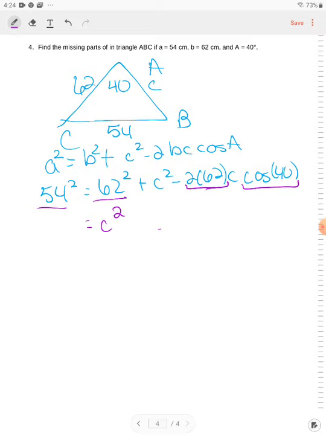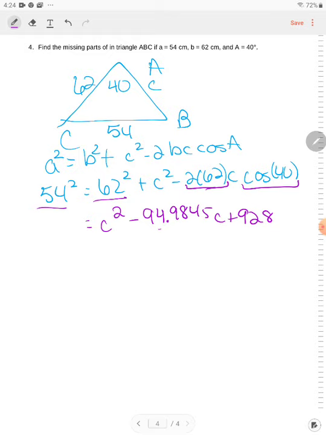So, let's see. 2 times 62 times cosine of 40 is, I get 94.9845. So C squared minus 94.9845 C. And then we'll see, is it plus or minus 62 squared minus 54 squared? That's going to be plus 928. We will do the quadratic formula.